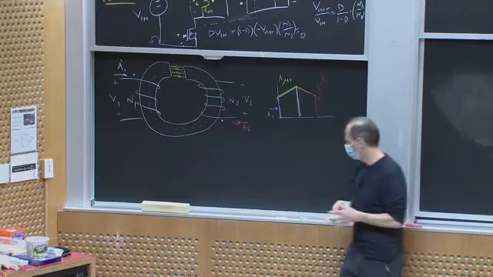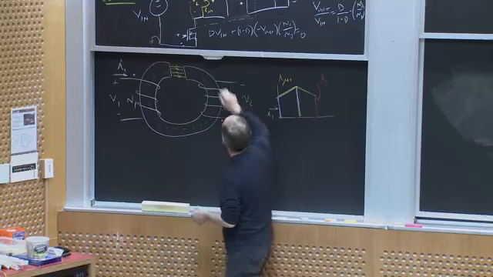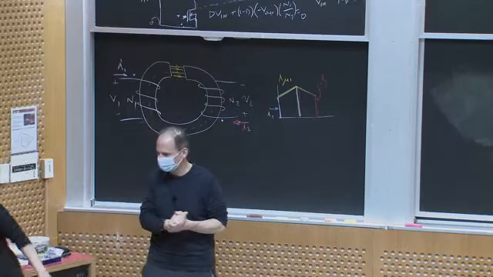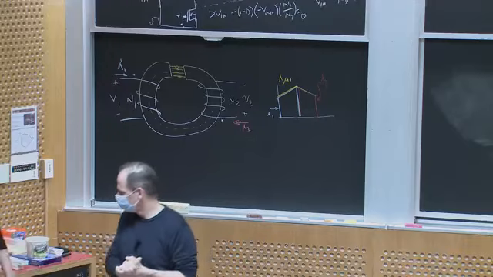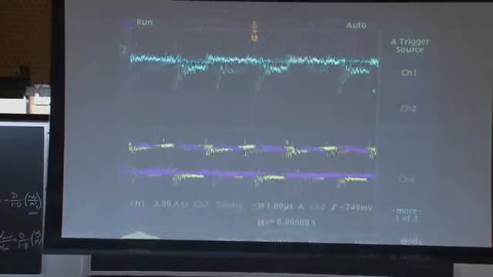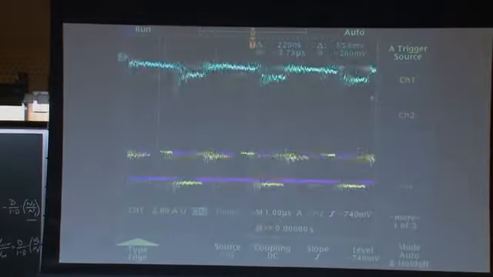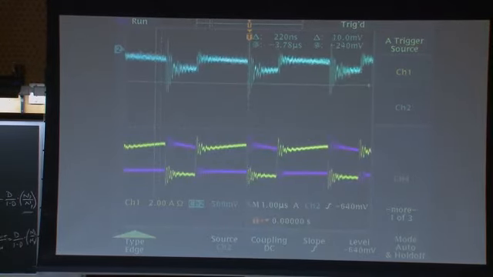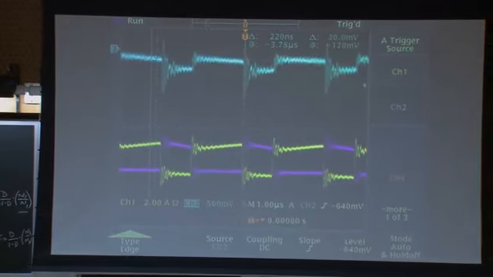Let's see this in action. We actually have a flyback converter for you to see. So Mouncy's kindly put this together. And what we're showing you is precisely the two currents in the two transformer windings.